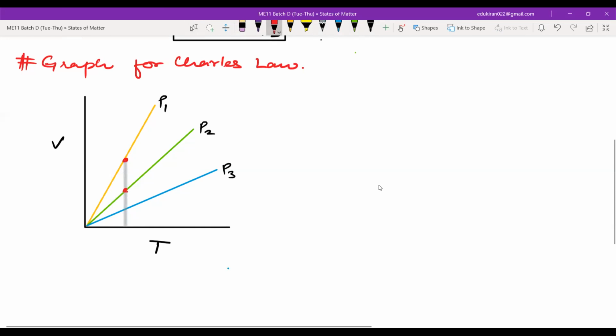This is point 1, point 2, point 3. And for all of these points, you have a point on the y-axis. This will be V1. This will be V2. This will correspond to V3.